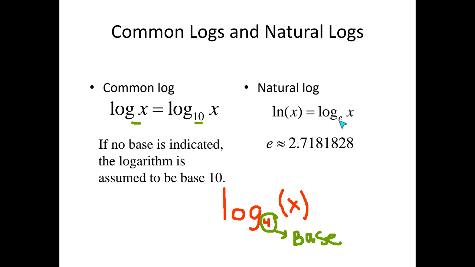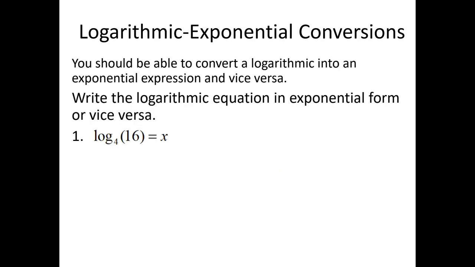Okay, so instead of writing log base e, we write ln, and this is an L. Sometimes people think it's an I, so they'll get the problems wrong on WebAssign because they enter IN, but it's LN. Okay, so we're going to do some problems here in a little bit.